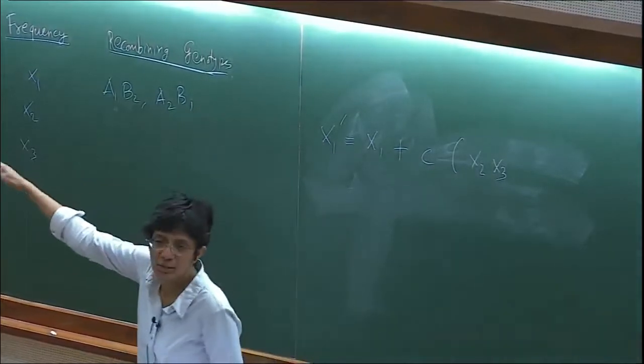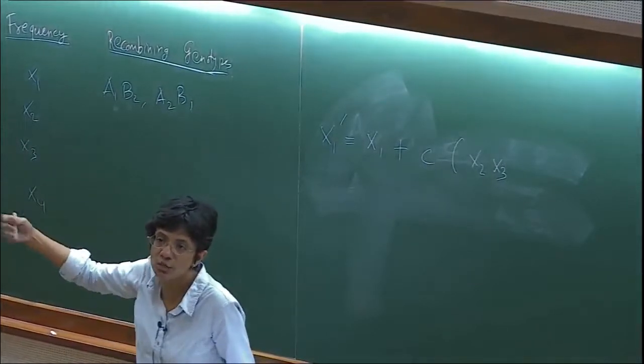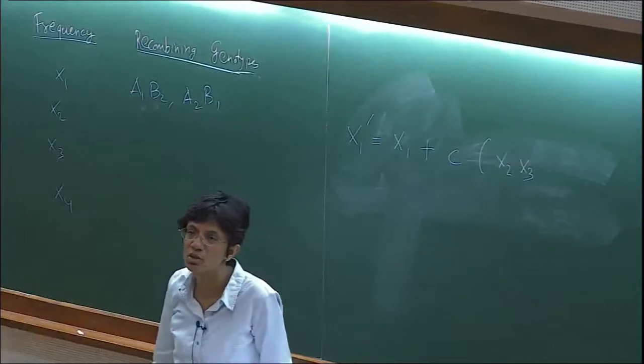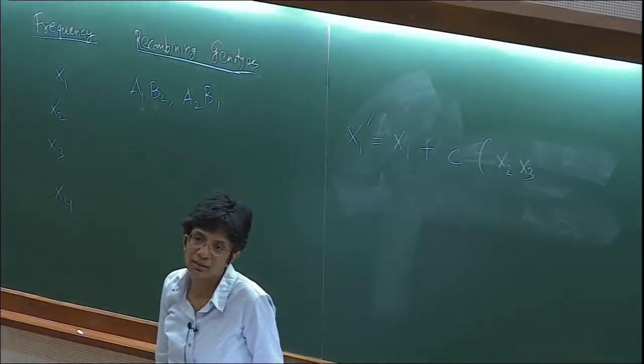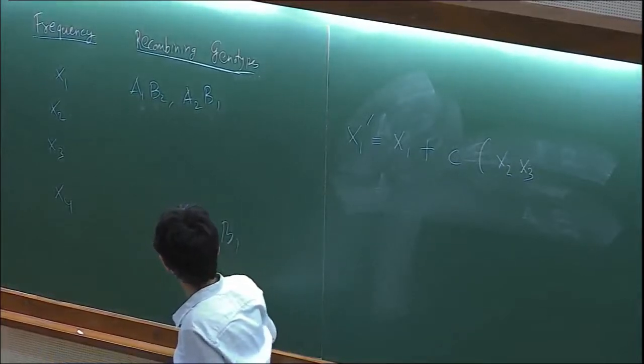But A1 B1 could also recombine with which ones? Which would change its frequency? Itself, if it does, no change occurs. It just remains A1 B1 with A1 B1. There's no change.